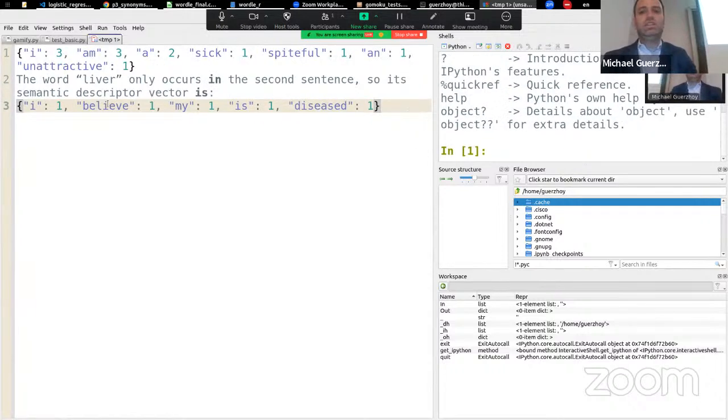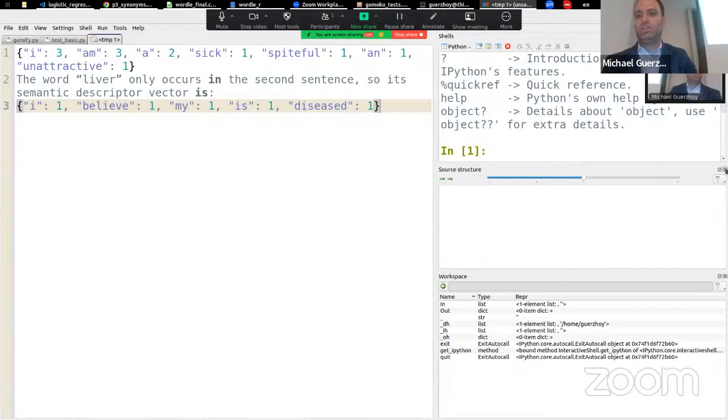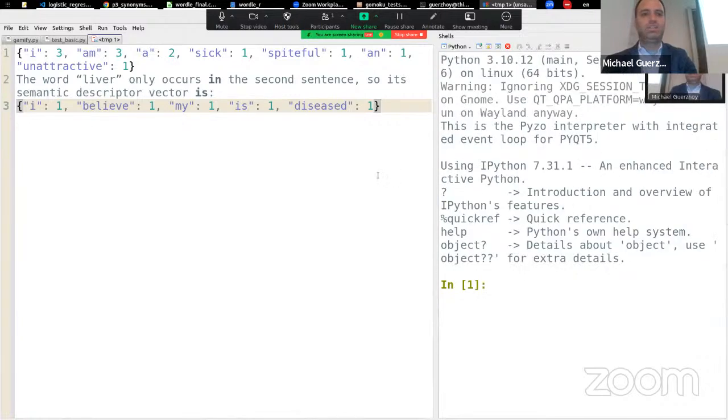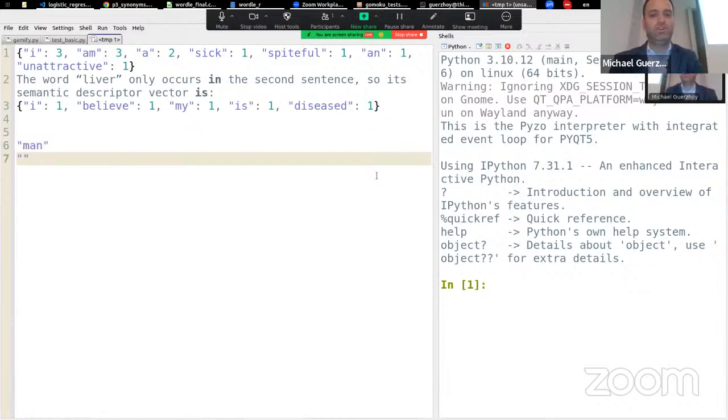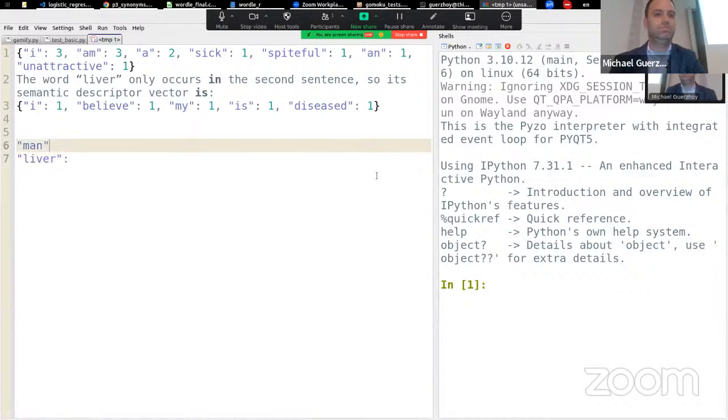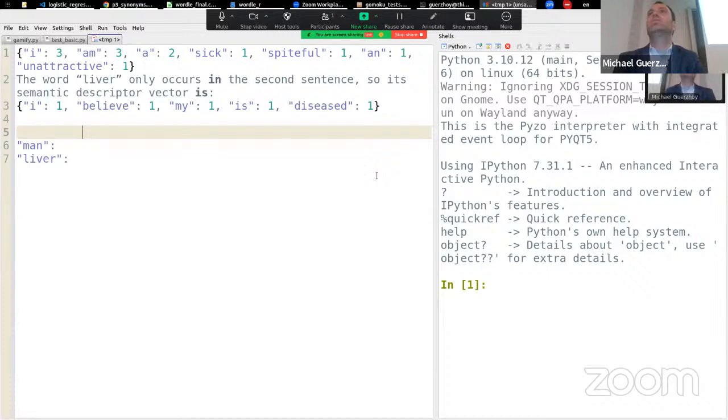So if we look at it like this, what we can do is we can say, okay, so we have man and we have liver. And then we have the co-occurrence counts, right?